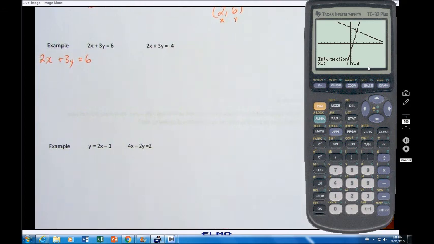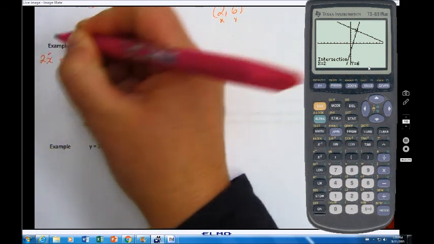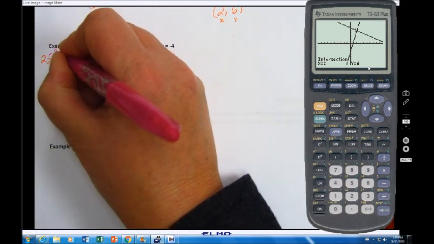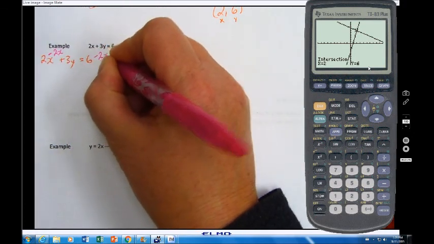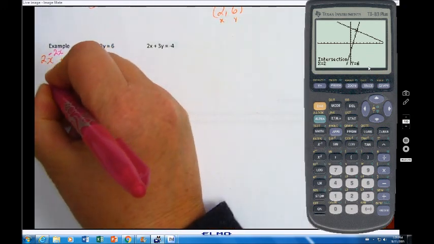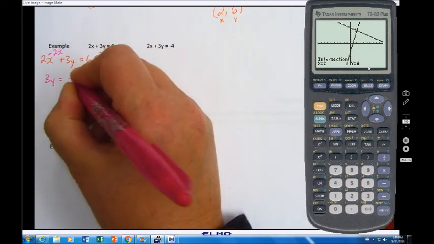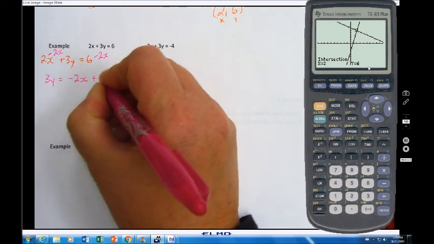So here we can minus our 2x, and then we get 3y equals negative 2x plus 6.